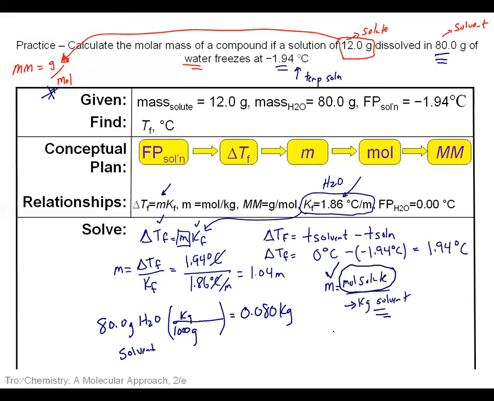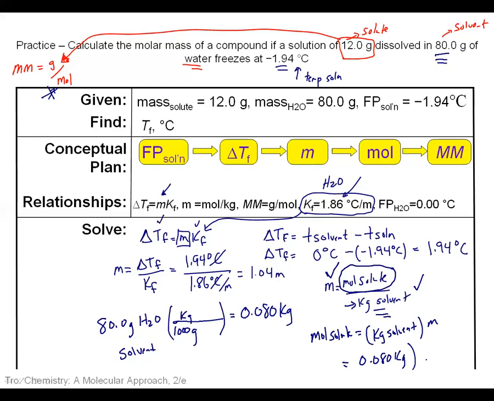That means the moles of our solute, which is what we're looking for, will equal the kilograms of solvent times the molality. So that's going to give us 0.080 kilograms times our molality that we calculated, 1.04 moles per kilogram.